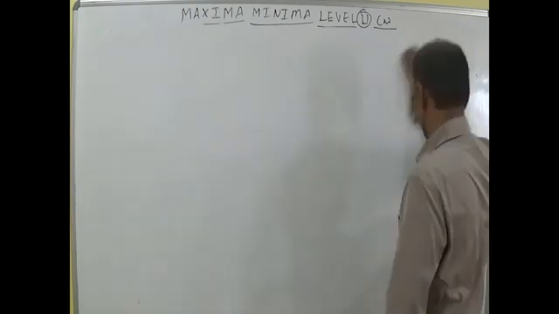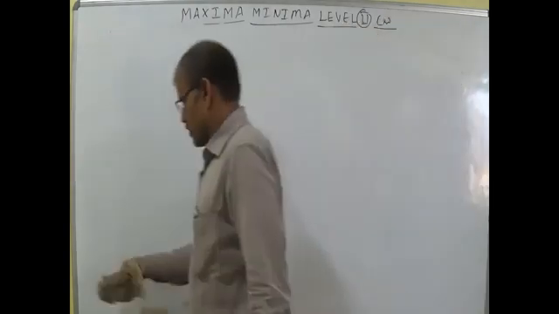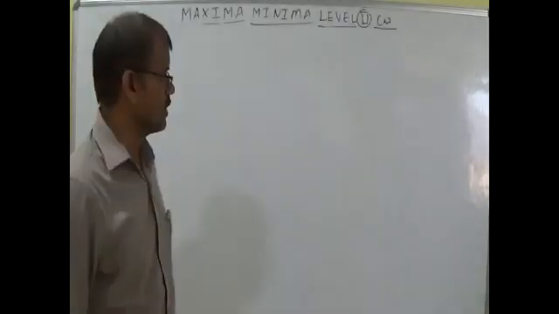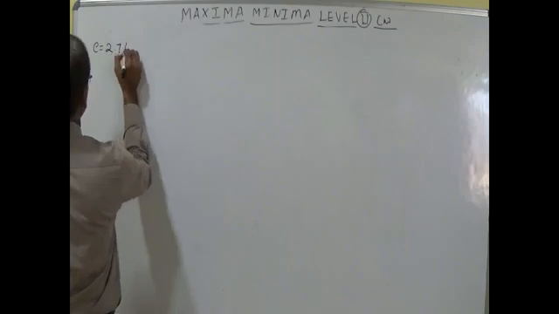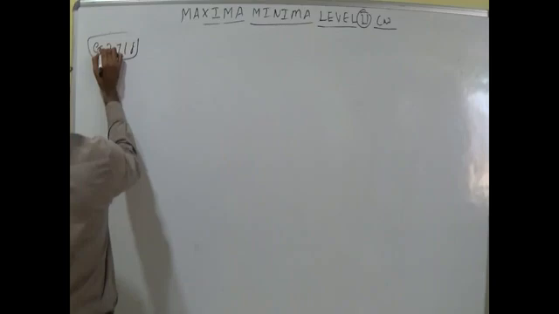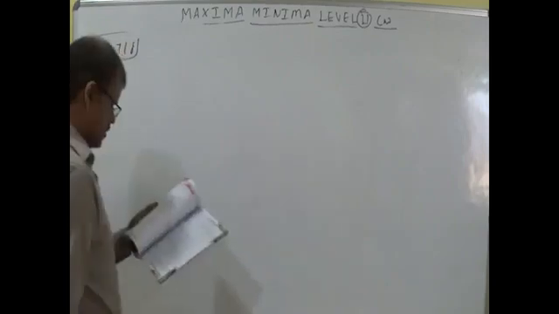By Maclaurin expansion or by expansion of exponential functions, you will get the value of e, approximately equal to 2.718.